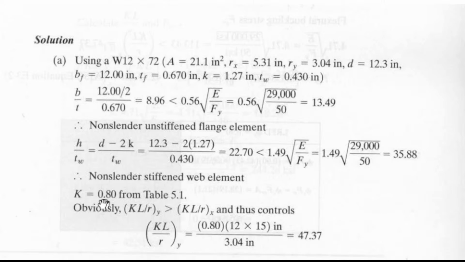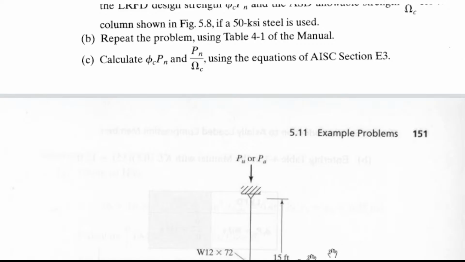Okay? So, non-slender stiffened element. K is equal to 0.8 from table 5.1. Take note, table 5.1 here. Pin at the top, fixed at the bottom. That is 0.8. I think 0.7, but practical 0.8.